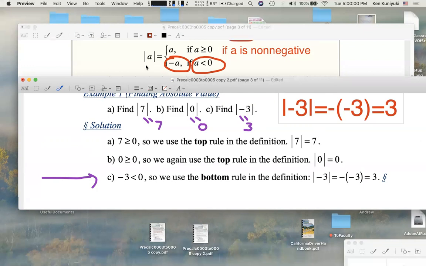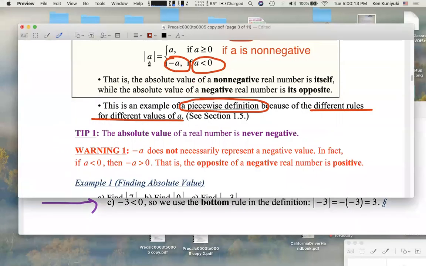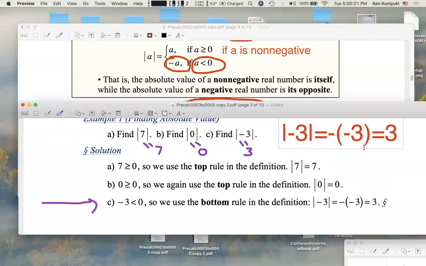This makes sense because the absolute value of a negative number is positive. And we know that absolute value is either positive or 0. It's not negative. So again, the absolute value of a non-negative number is itself. The absolute value of a negative number is its opposite, which is positive. For example, in this case over here. Any questions about that?